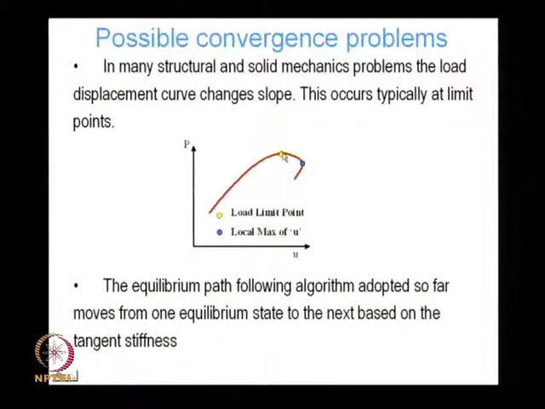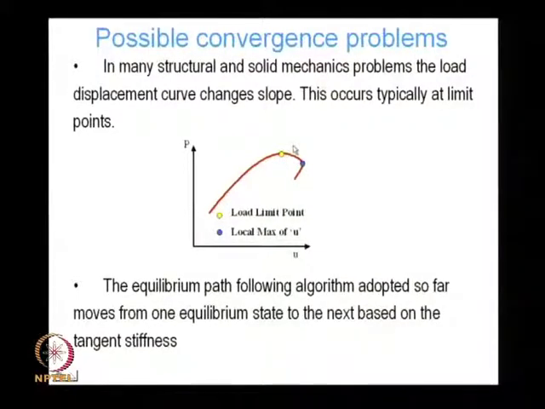It reaches a limit point, the slope becomes 0, and then the slope has changed sign. In situations like this, the Newton-Raphson method cannot converge, because you can see why: this tangent is predicting something like this, while the actual slope is like this.